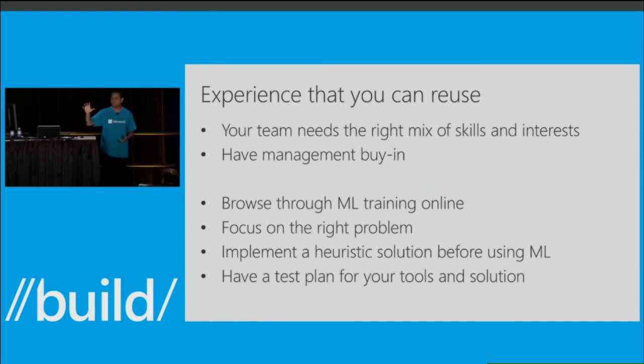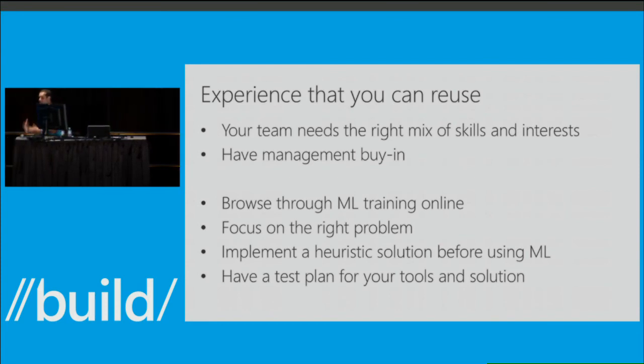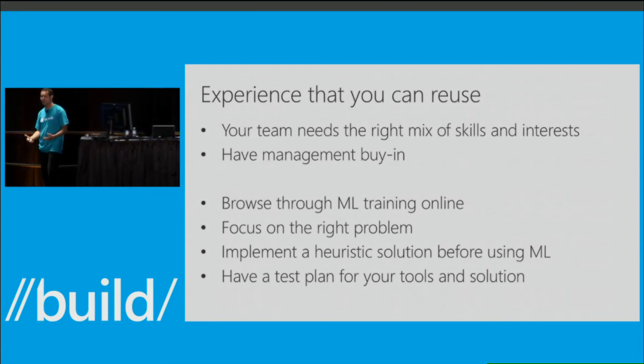But because we knew that what was important for our interaction was grip and release, we could finish. Implement some solution heuristically to define your interface even before you start with machine learning. Extremely important not to leave integration as a last step. And finally, have a test plan, both for your code and for your solutions.